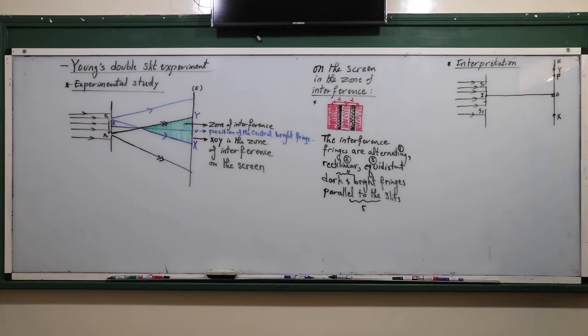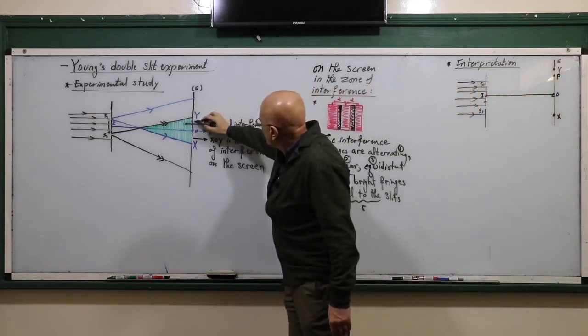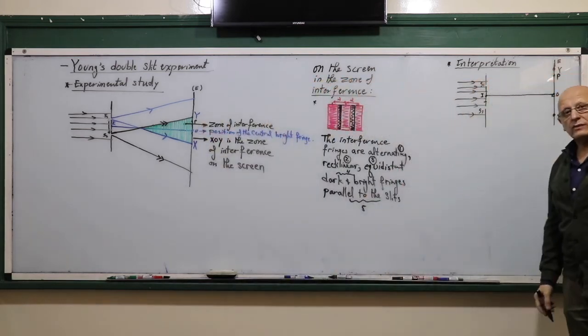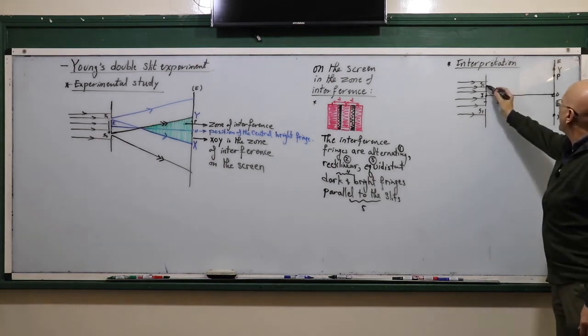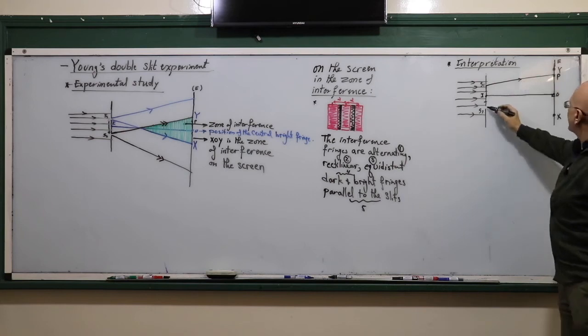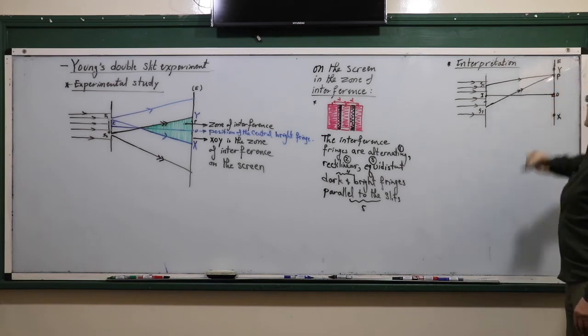This is P. This point P receives two waves, one coming from S1 and another one coming from S2, okay?